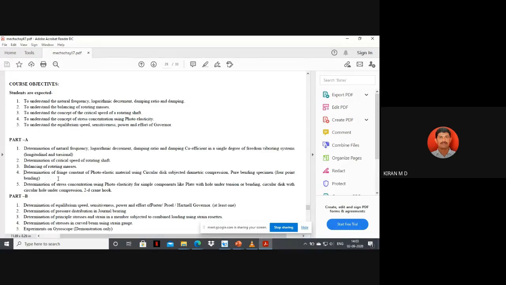In the experiments you conducted in your material testing lab, we use the direct material you want to test. You create the specimen using that material. For example, if you want to find the tensile strength for MS, that is mild steel, you prepare the specimen using mild steel only.